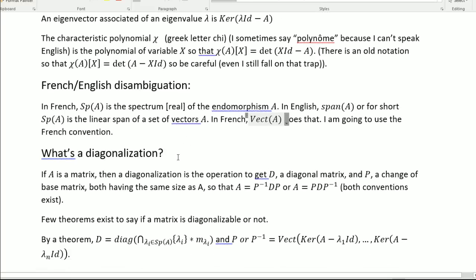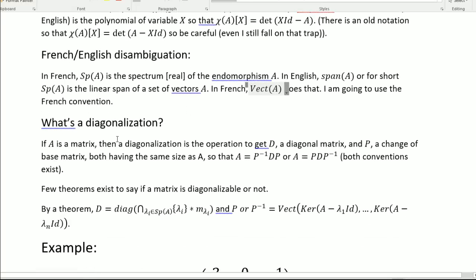What is diagonalization? If A is a matrix, then a diagonalization is the operation to get D, a diagonal matrix, and P, a change of basis matrix, both having the same size as A, so that A is equal to P minus 1 D P, or A equals P D P minus 1.